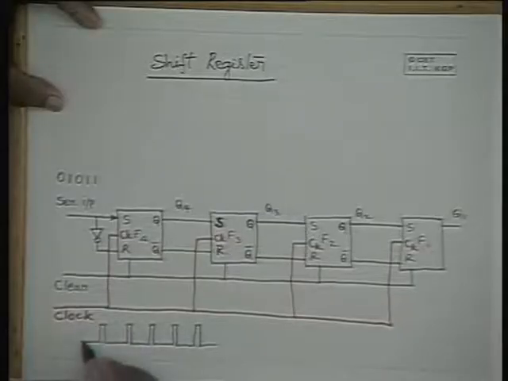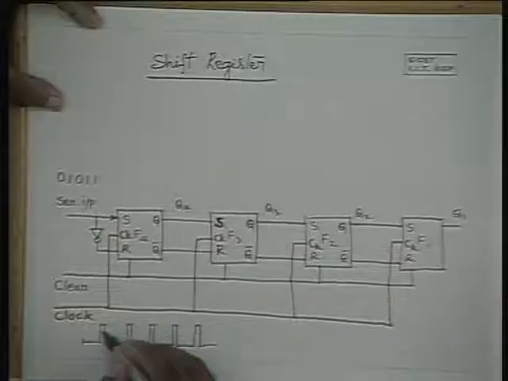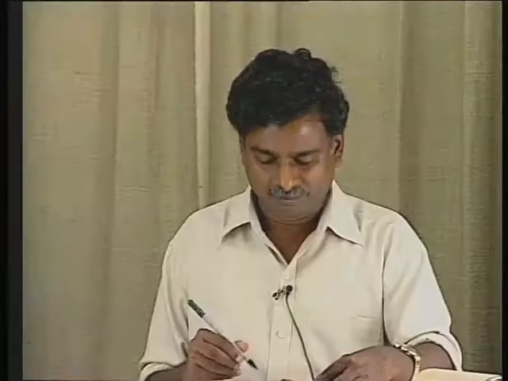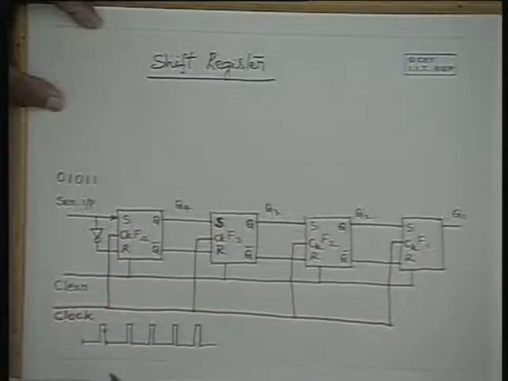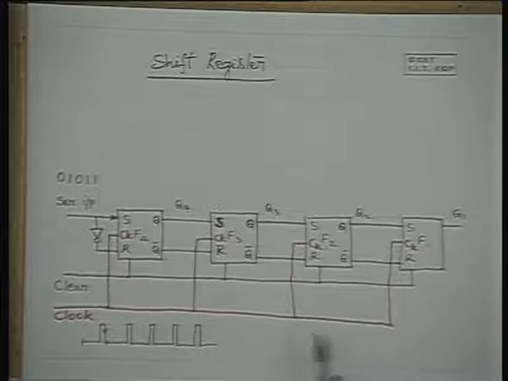Now, if this is the first clock pulse, and let us assume that the shift register responds to the falling edge of the clock pulses, then we can examine how the system works.